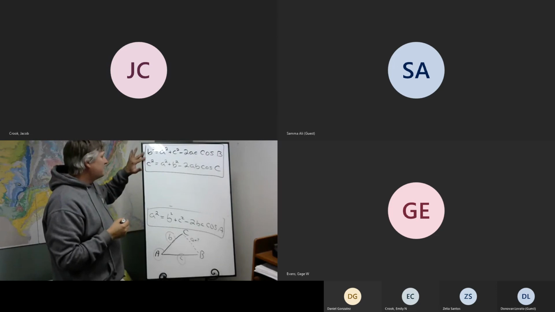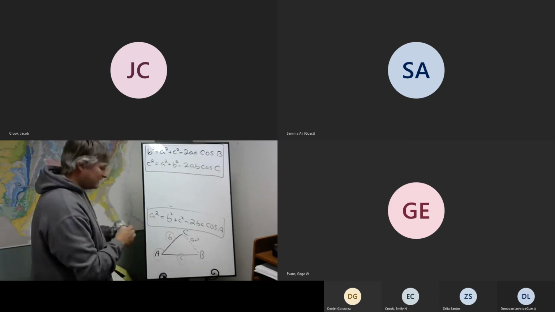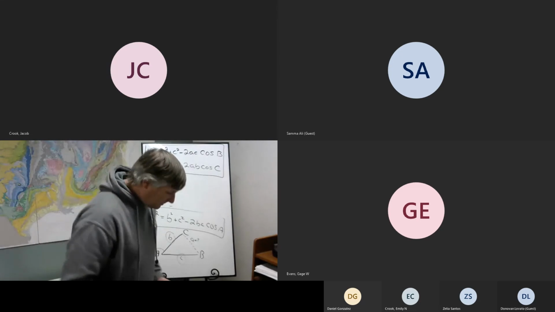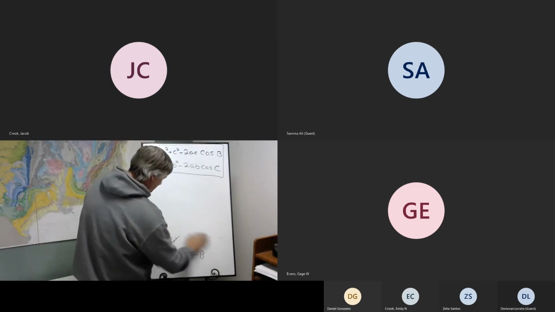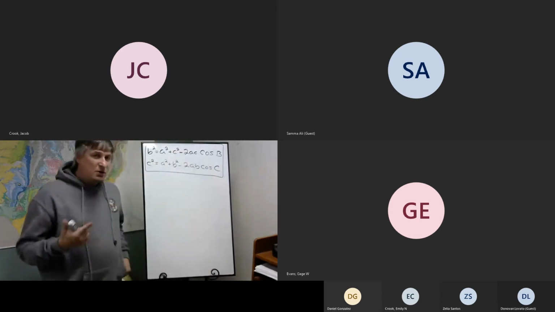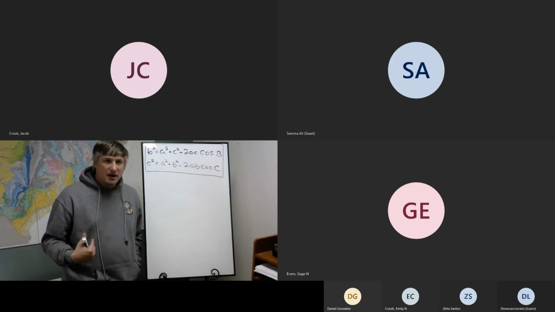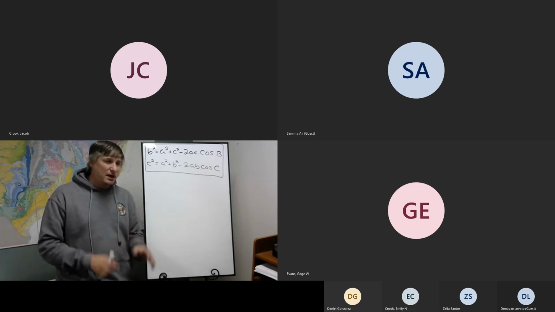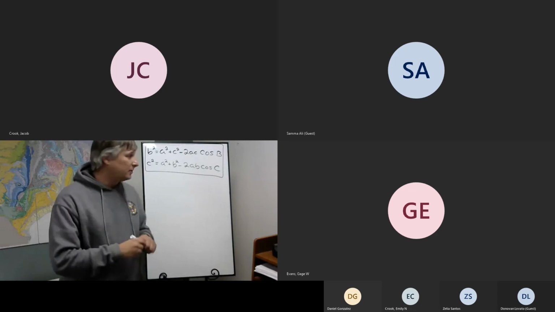So we have these 3 formulas. Now, to actually use this, if we know a side and we know an angle and we know the other side, and the angle is between the 2 sides, then what we have is a side angle side triangle.